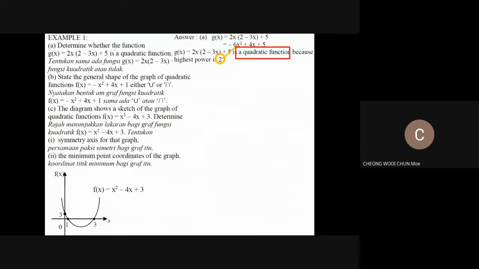So we look at example 1. Determine whether the function g(x) equals 2x(2 minus 3x) plus 5 is a quadratic function.